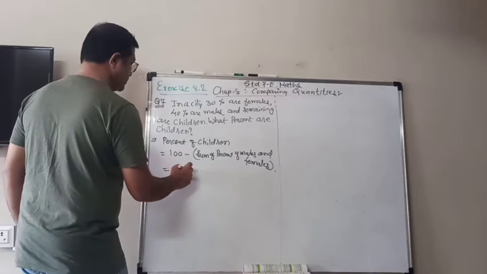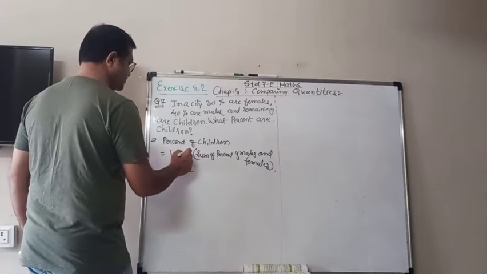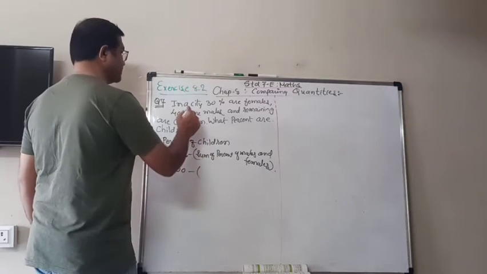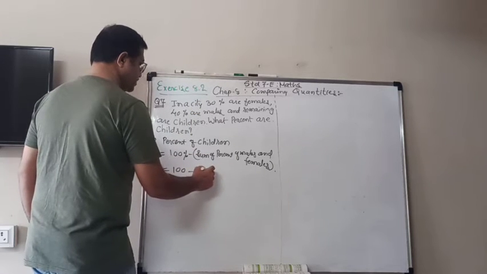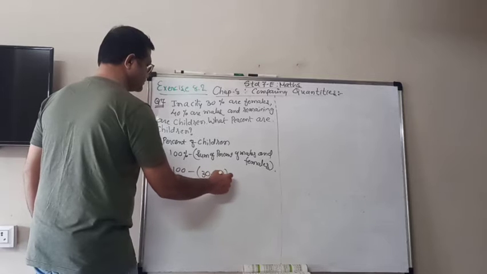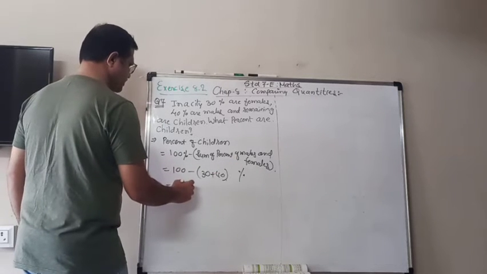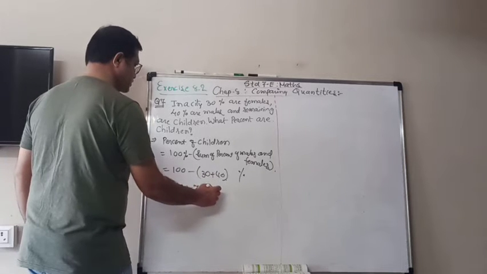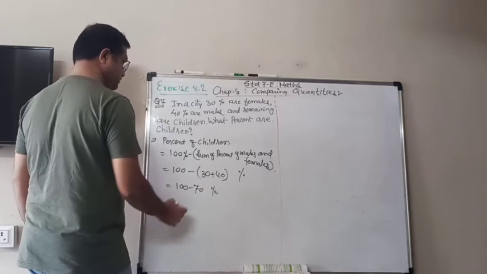That is equal to 100 minus, you can write down 100 percentage minus. So 100 minus into bracket 30 plus 40. That is 100 minus, 30 plus 40 is 70. So 100 minus 70 is how much? 30.